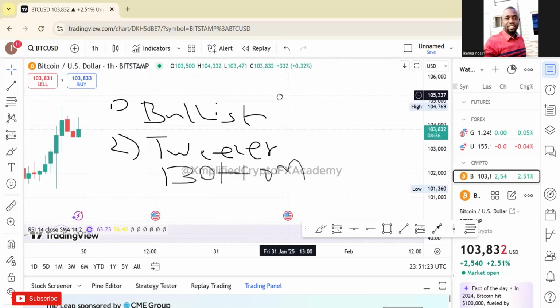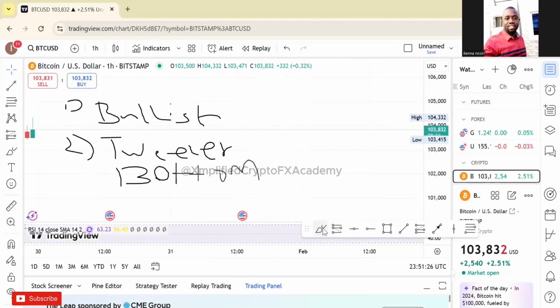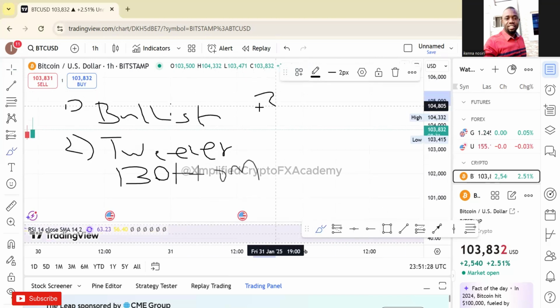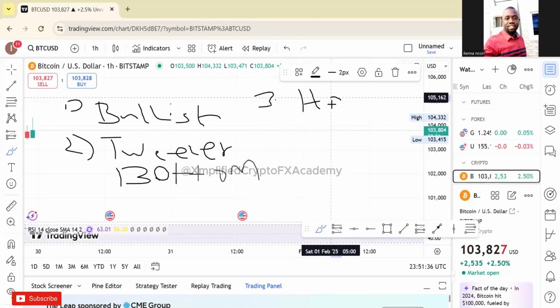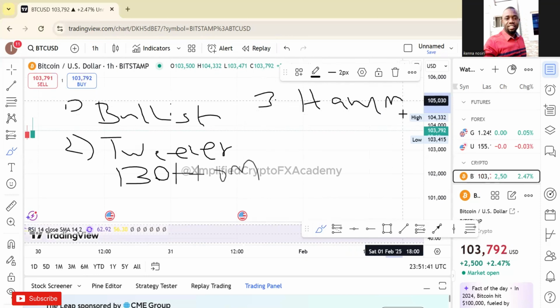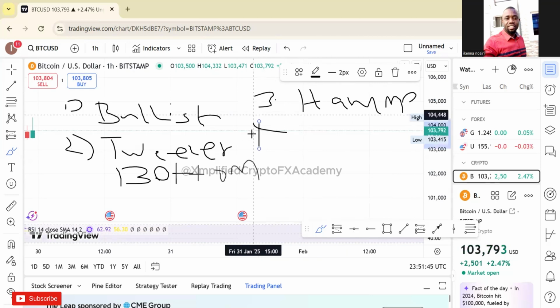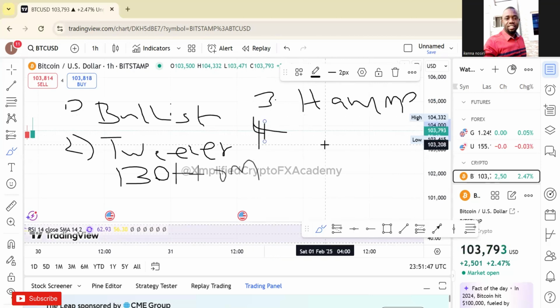Then the three. Let's write the three. Let's give the three as we have the hammer. Okay, the hammer. Then in number four, we have the inverted hammer too.